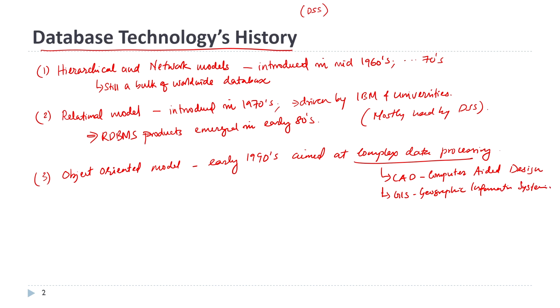So, the object oriented model came in the 1990s, and now a lot of these specific ones are coming as part of it and still gaining popularity.